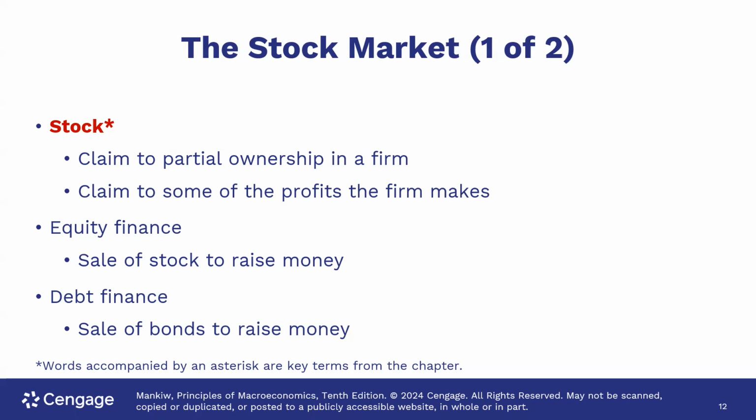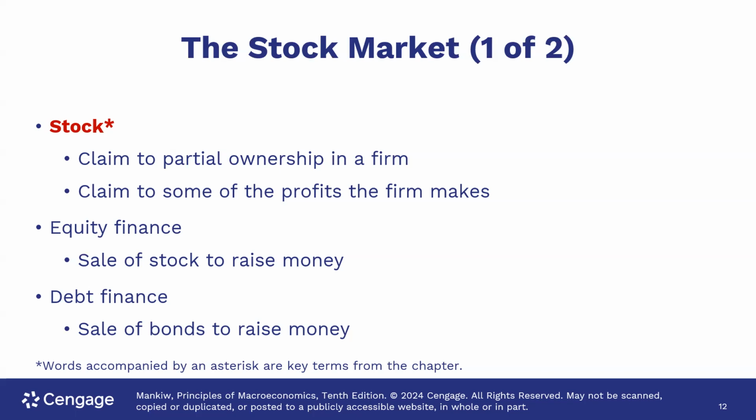In the stock market, it's different. The incentive that the firm provides to the investors is their ownership. The firm will say, I want to give you partial ownership of my company in exchange for some of the funds from you.